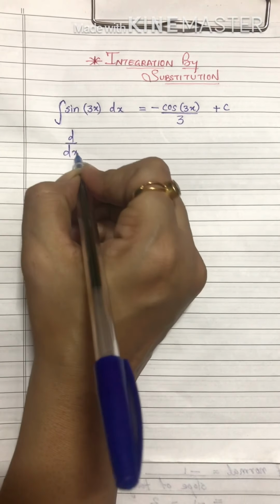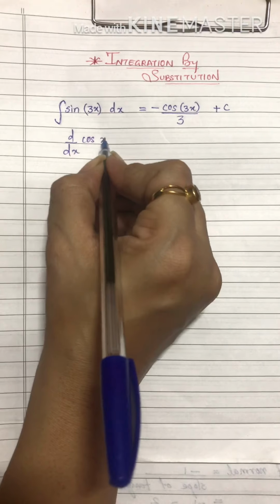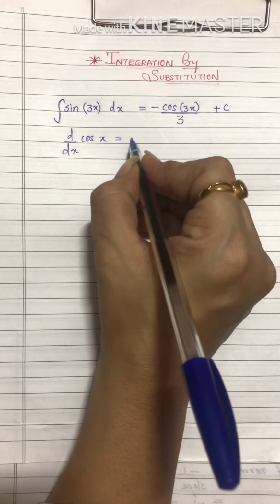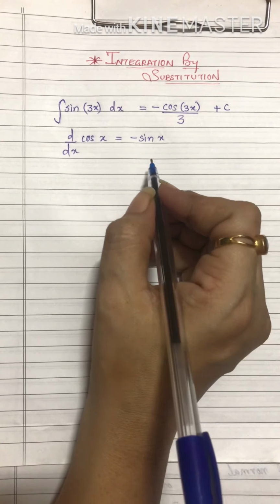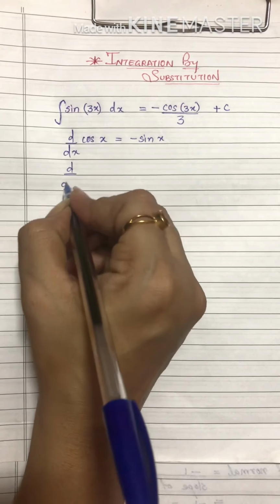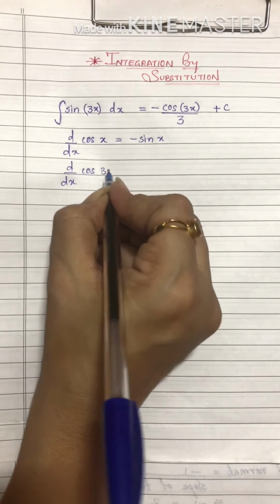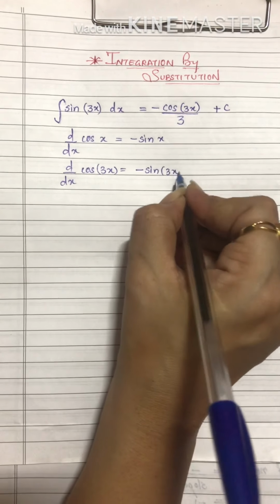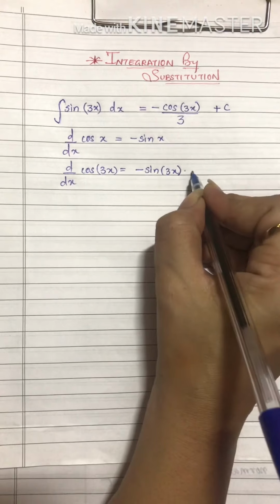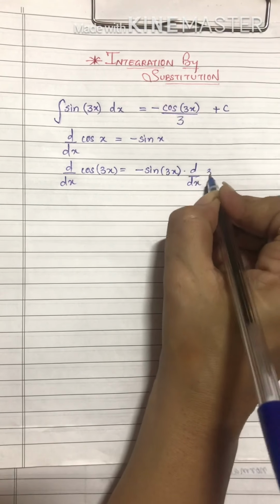Like d by dx of cos x is minus sin x, and then d by dx of cos 3x would be minus sin 3x into d by dx of 3x, right?